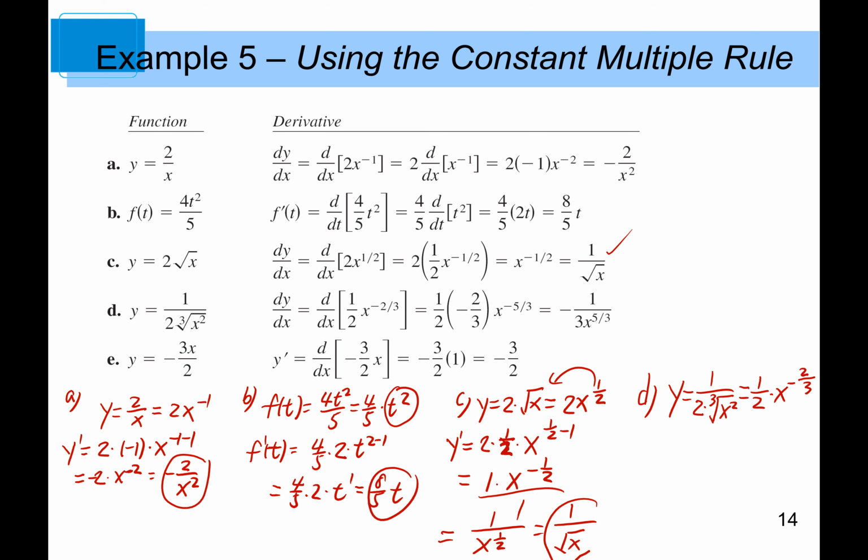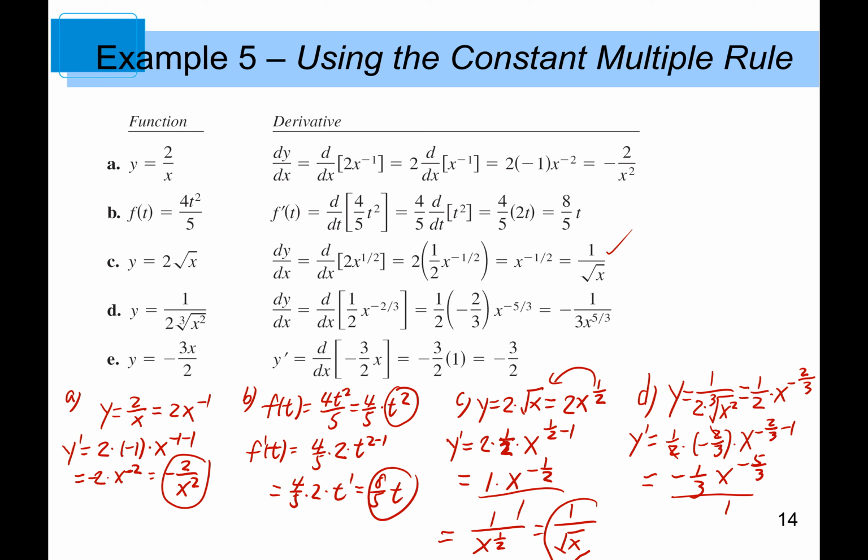After that, you can apply the power rule, constant multiplier rule. So it's half times negative 2/3 times x to negative 2/3 minus 1. So half times negative 2/3 becomes negative 1/3. The 2 got cancelled. Becomes negative 1/3 x to negative 5 over 3.